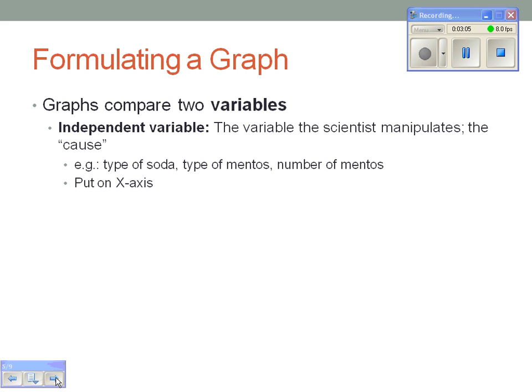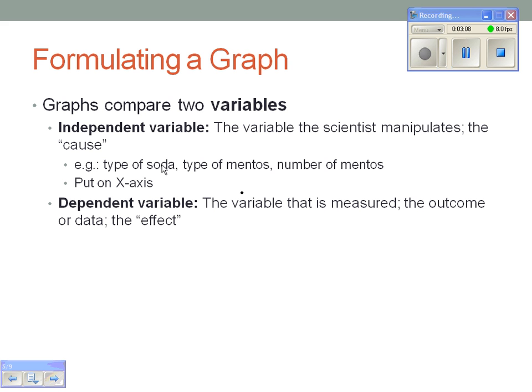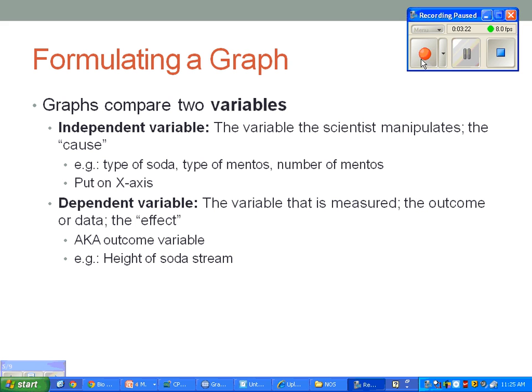This is, of course, in contrast to the dependent variable. The dependent variable is your data that you're collecting. Those are your results. In your case, that was how high your soda fountain went. I think an easy way to remember the difference between these, there's a few different ways. Dependent is the data.